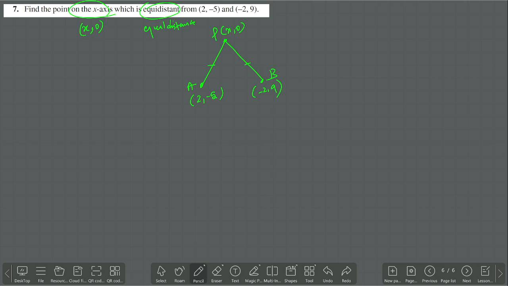Then we have to go for applying it. So the given condition is PA equal to PB. Here let P be x comma 0, and A is 2 comma minus 5 and B is minus 2 comma 9.